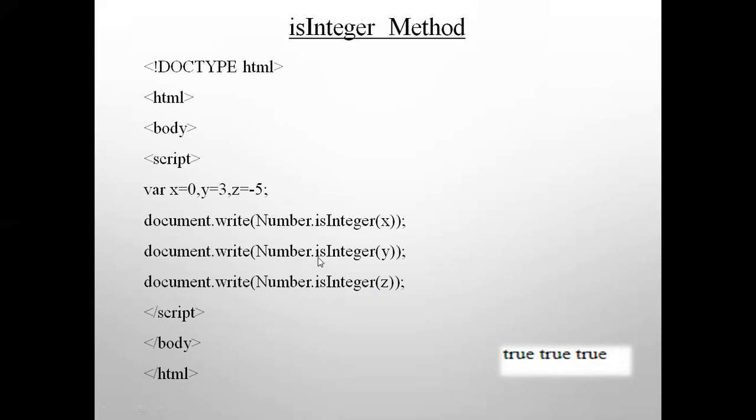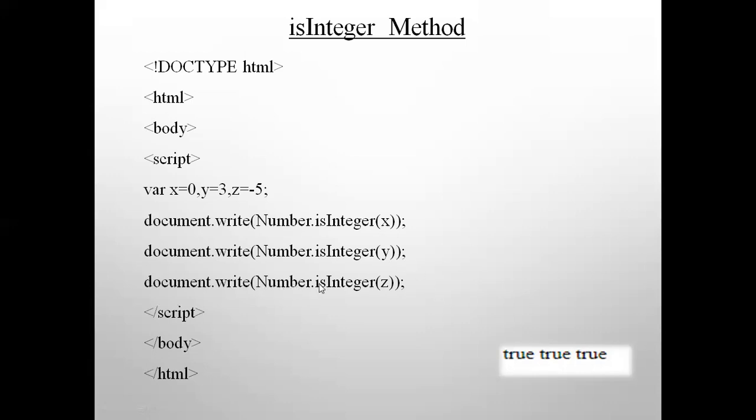document.write, Number.isInteger(y). Here you are learning the number object. So Number dot, and the method you have to write is isInteger of y, that is 3. y is 3 here. So it will say true. If you take ABC here, it will say false. That's a text.